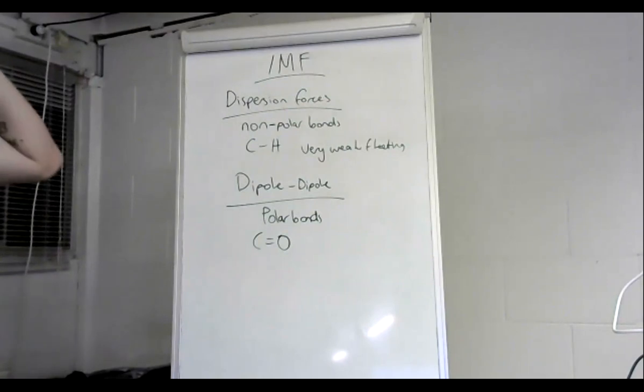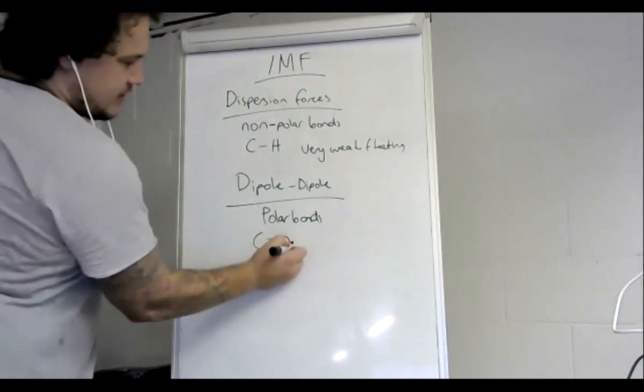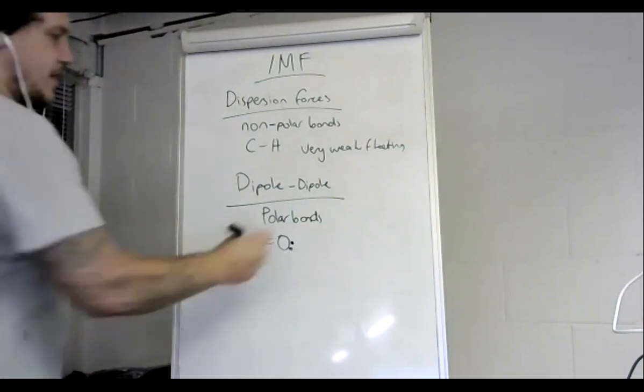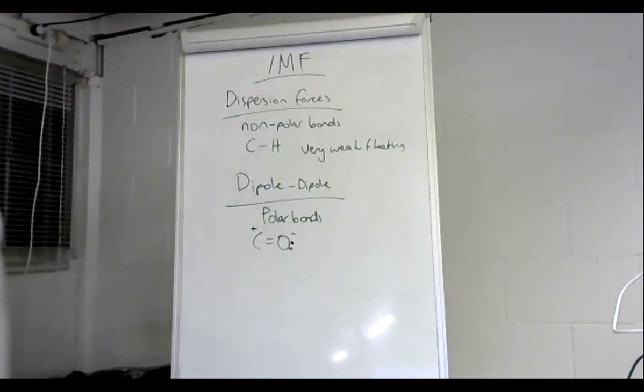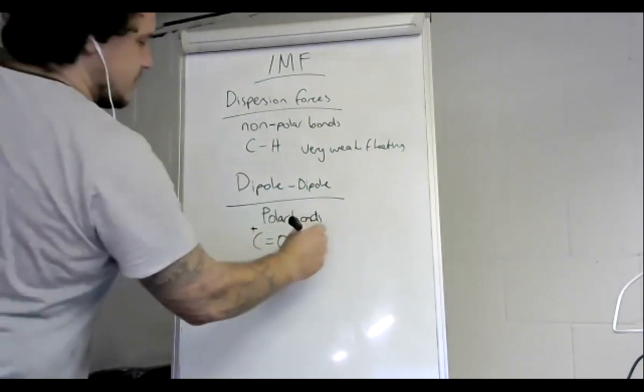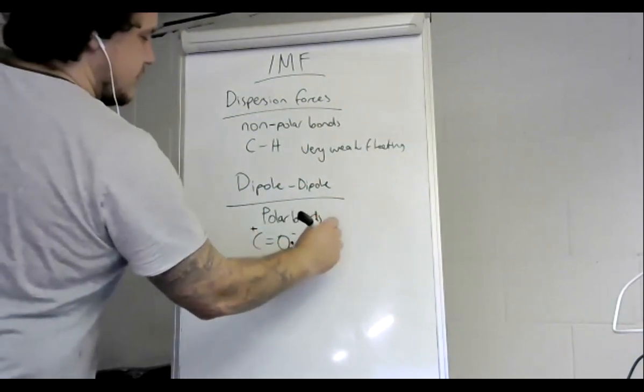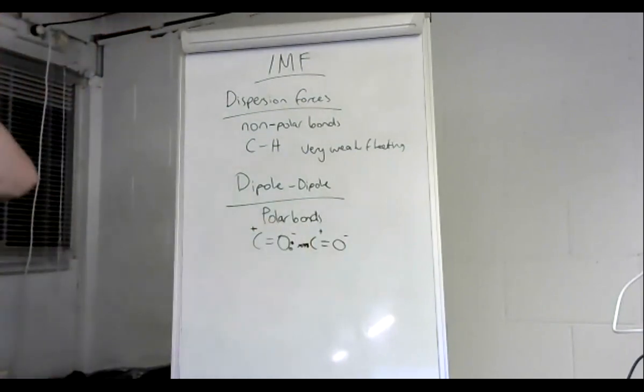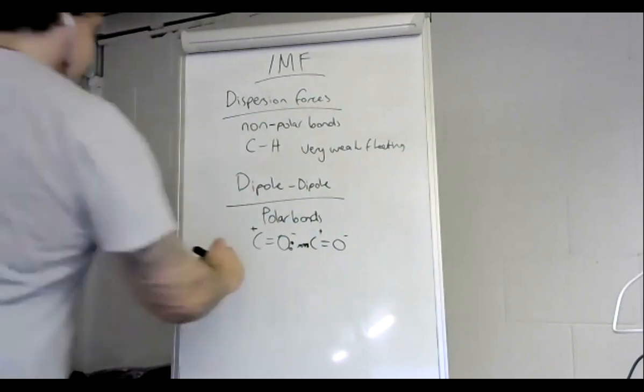Partly because oxygen is more electronegative, partly because of the presence of the non-bonding pair on oxygen. Negative end, positive end, another carbon comes along. Bonding between those two bonds. Hydrogen bonds.